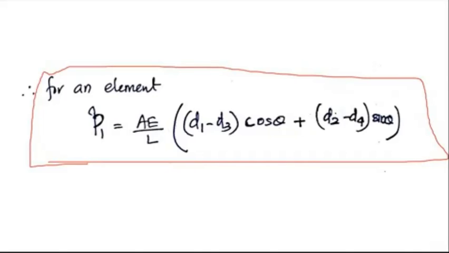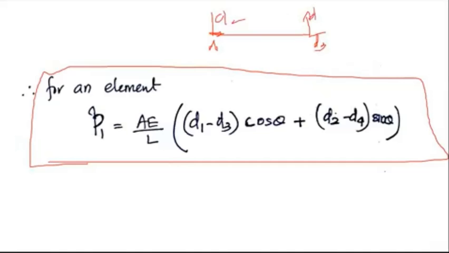Okay, and this is general for any element. So in order to find the element force, P1 is AE by L into D1 minus D3 into cos theta plus D2 minus D4 into sin theta. So 1, 2, 3 and 4 are the coordinates: along this direction D1, along this direction D3, along this direction D2, and so on.